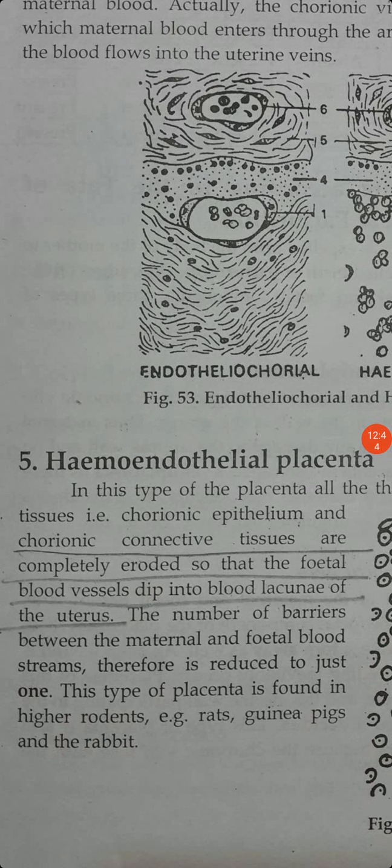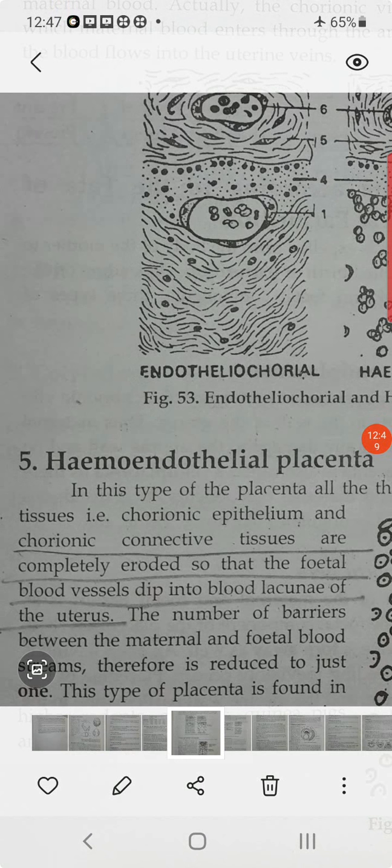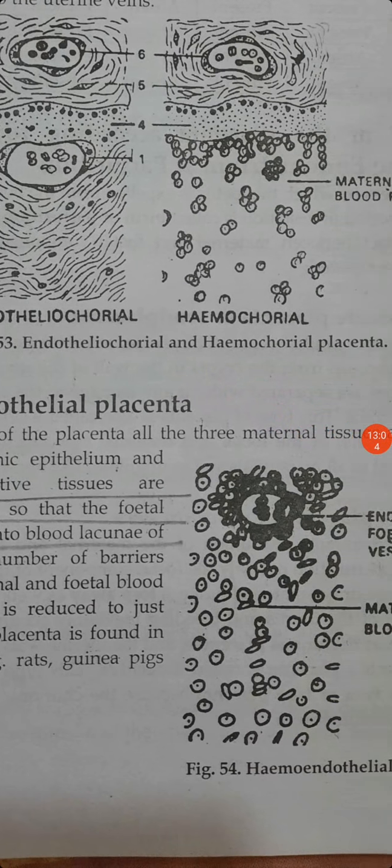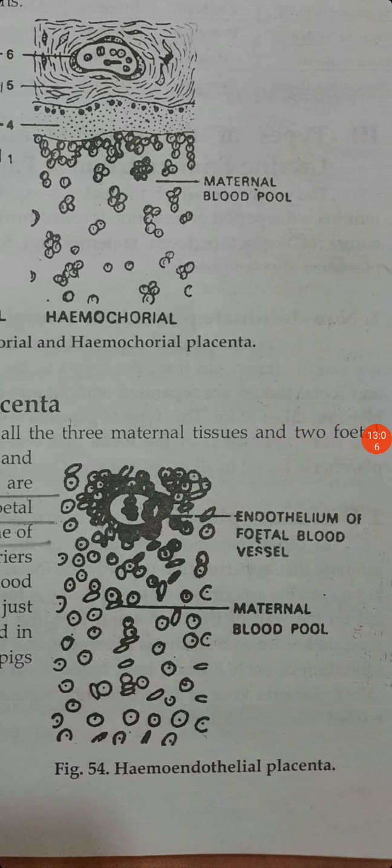In this type of placenta, all the 3 maternal tissues and 2 fetal tissues, that is chorionic epithelium and chorionic connective tissue, are completely eroded so that the fetal blood vessels dip into the blood lacunae of the uterus. So there is direct blood to blood contact, and this type of placenta is found in higher rodents like rats, guinea pigs, and rabbit.